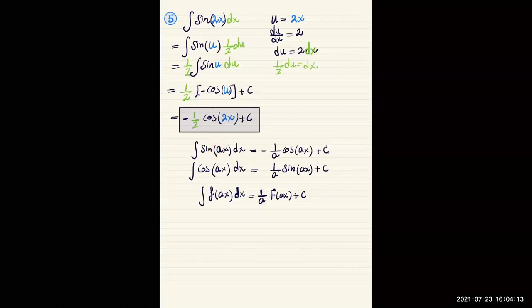No, Professor. I ask because in the function that you gave us in example 5, we don't have the derivative of 2x in front of the function, yes? You're right, we don't. So if we have the derivative, we don't need to use this formula. Okay, now I understand your question.